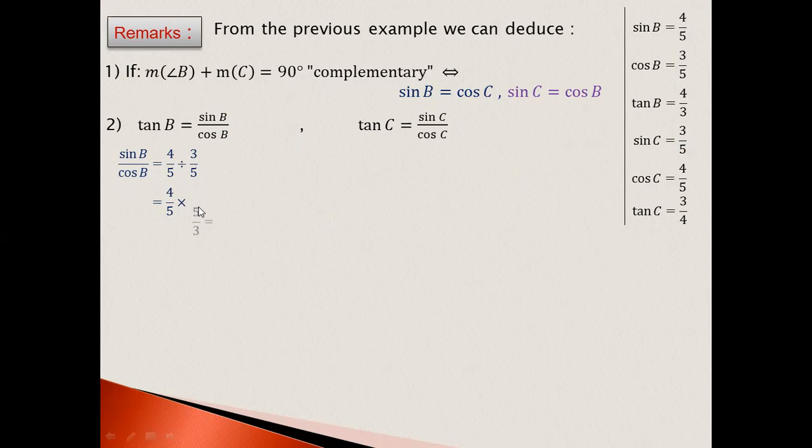It's going to be 5 over 3. We can divide by 5 up and down. It's going to be 1 and 1. So the final result is going to be 4 over 3. And 4 over 3 is equivalent to tan B.